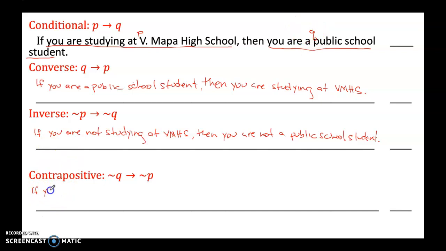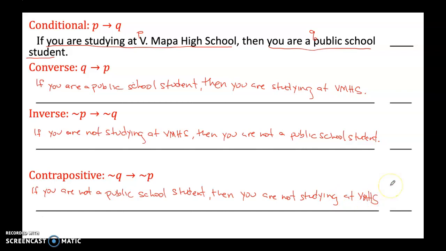If you are not a public school student, then you are not studying at Bimapa High School, that is our not P. So that is our conditional and its related statements.